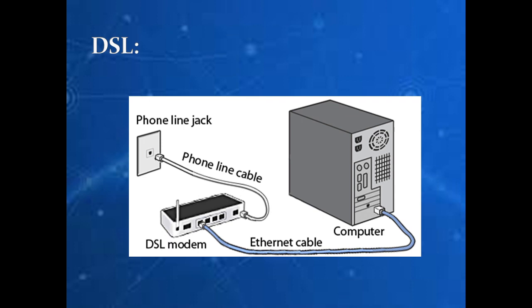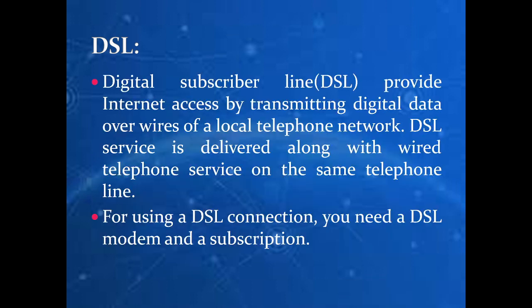Now here we have a DSL modem, and you can see the phone line cable is directly connected to our DSL modem, and from the computer the Ethernet cable is connected to one of the ports of our CPU and one of the ports of our DSL modem, so that we will have access to the internet. Let us have the details about DSL.